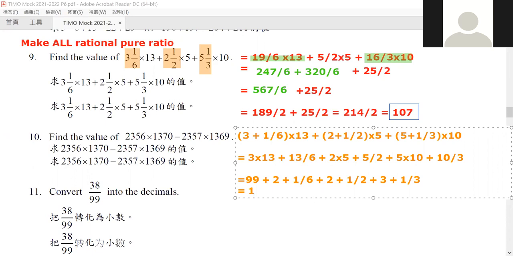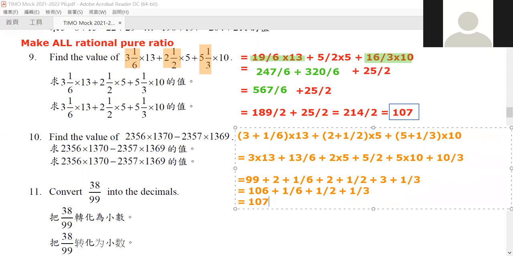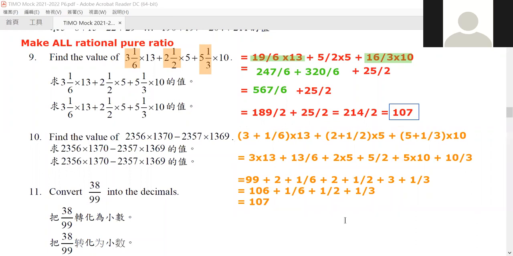And hence it will be equal to 106 plus 1 over 6 plus 1 over 2 plus 1 over 3. And hence it will be equal to 107, because 1 over 6 plus 1 over 2 plus 1 over 3 is exactly equal to 1. So this is another way of doing this. Now both ways are correct.